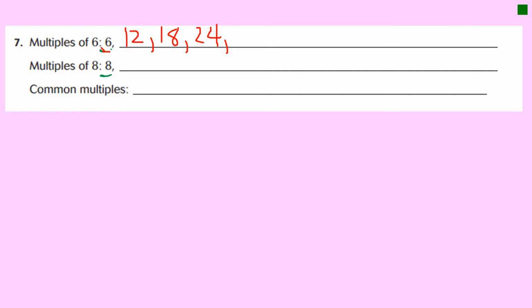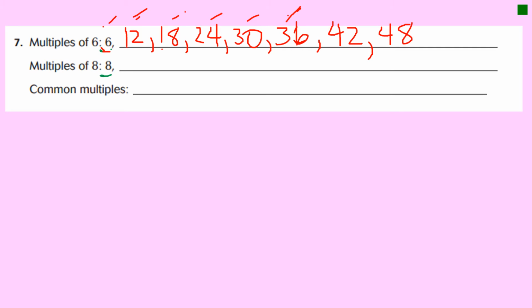24, 30, right? 30 plus 6, love that one, 36. So we have 6 times 1, 6 times 2, 6 times 3, 6 times 4, 6 times 5, 6 times 6. You see how they're all multiples of 6? Okay? So then we have 42, 48.